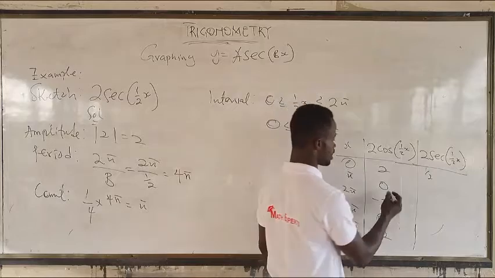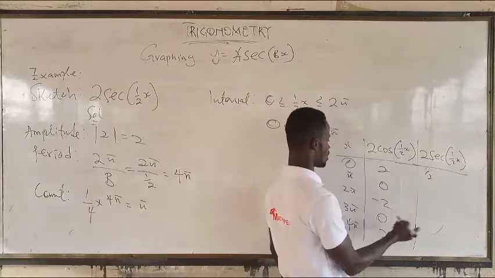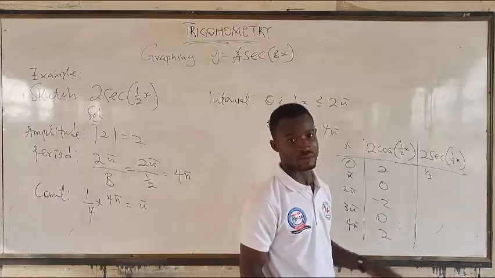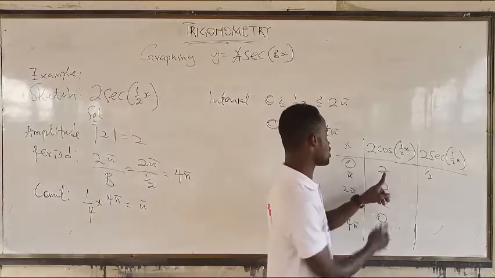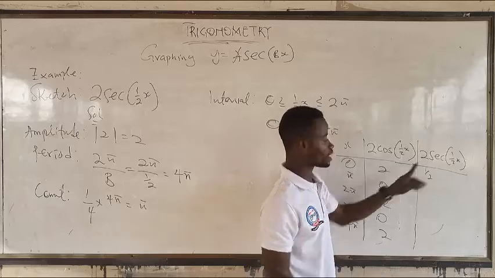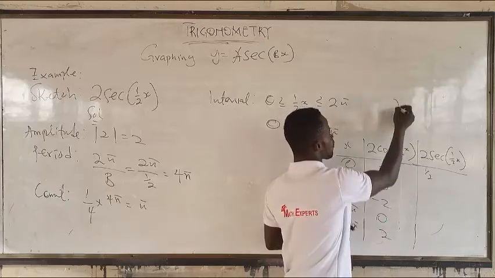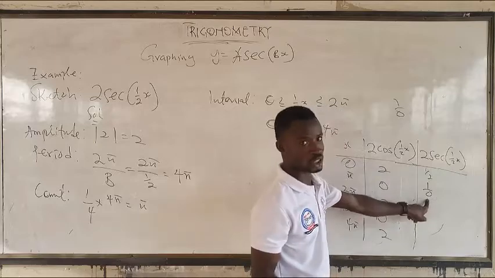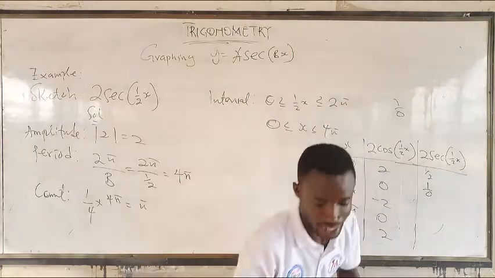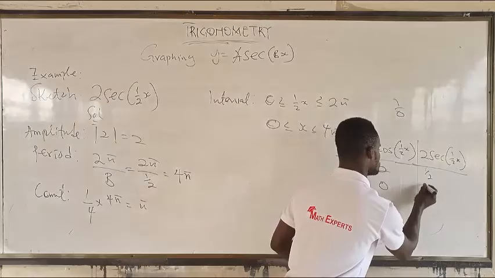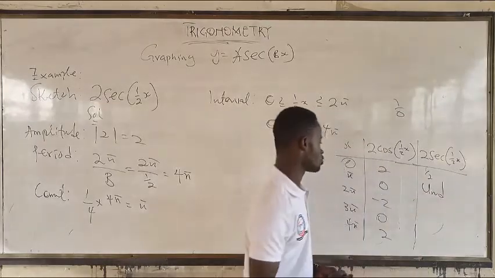Very good. So here, 1 over that, 1 over that. Now 1 over 2 gives you half. For 1 over 0, you can see that there will be asymptotes there, so this will be undefined. Hope you can see what I'm doing.